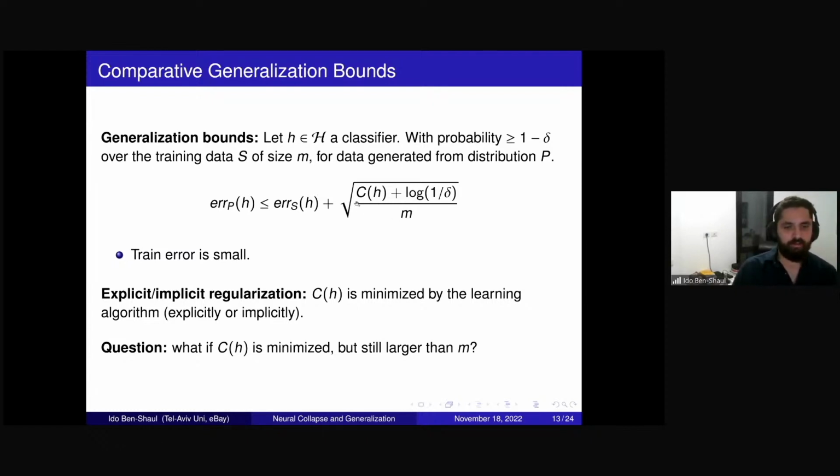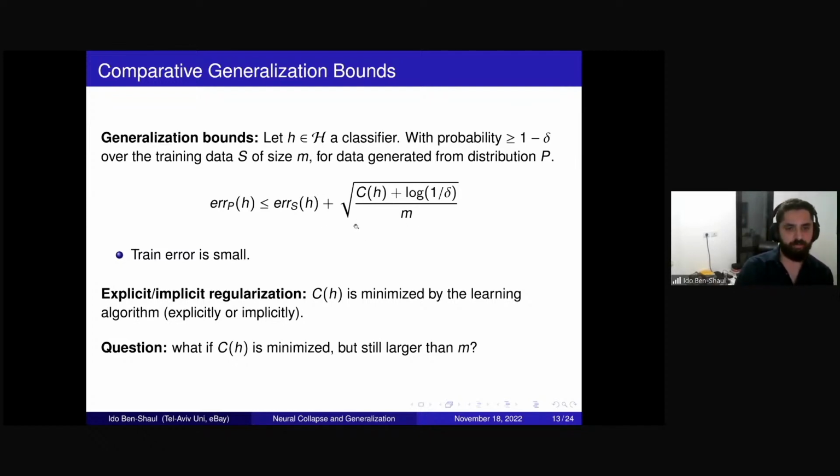Now, we want this to be minimized by the training algorithm, either implicitly or explicitly. And the error on the train set should be small because we want to fit the data set. But the problem is that in deep neural networks, this complexity term is quite large. The number of parameters is huge and usually much bigger than the sample size.